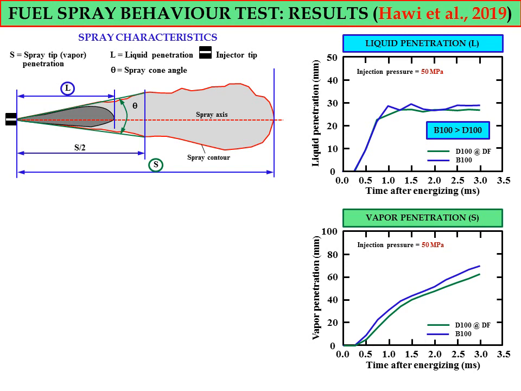However, after that time, you can see that the vapor penetration increases for both fuels, DF and also B100. And at the end, we can conclude that B100 still has a greater vapor penetration distance compared to diesel fuel.